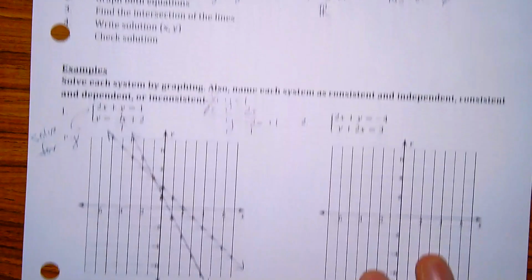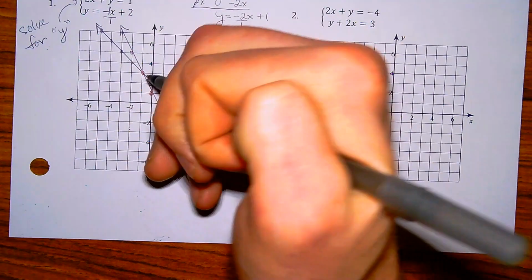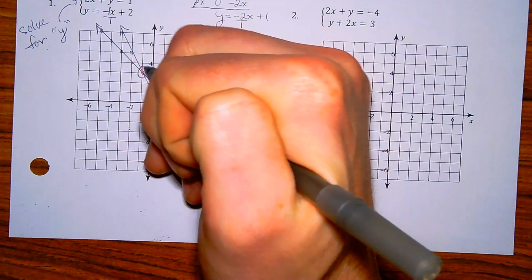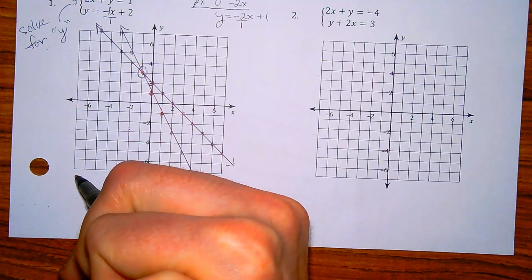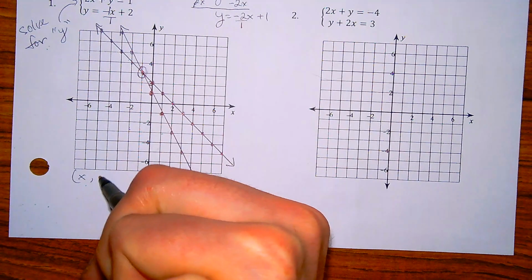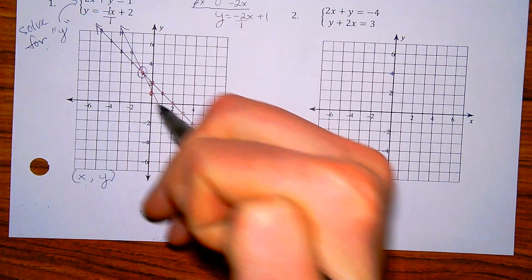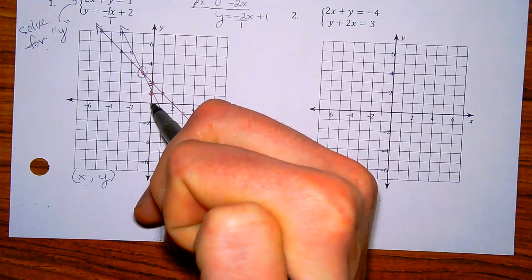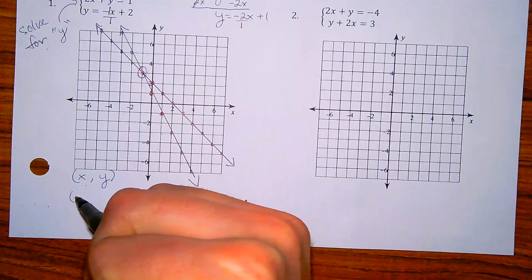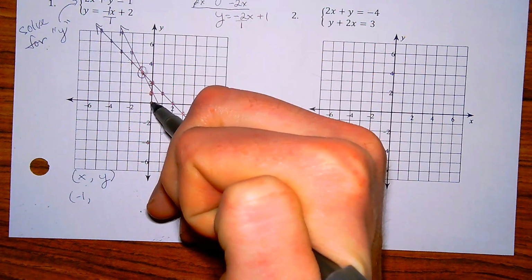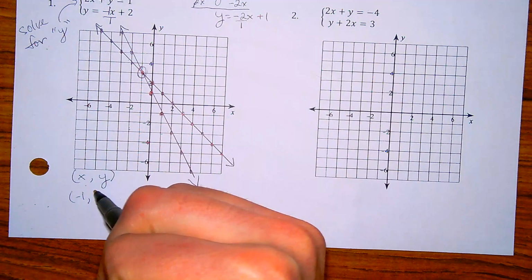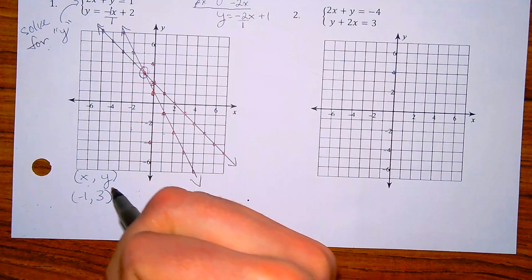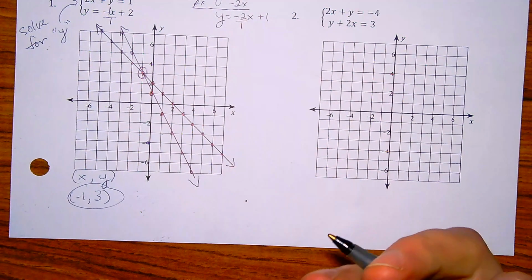So we want to do something similar here. We want to look at where they're intersecting. They're intersecting right there. What is that point? First, we have to know what our x coordinate is, and then we can know our y. Our x right here, as you can see, is negative 1, and our y value is 1, 2, 3. It's 3. So that is my solution right there. That is the solution to the system.